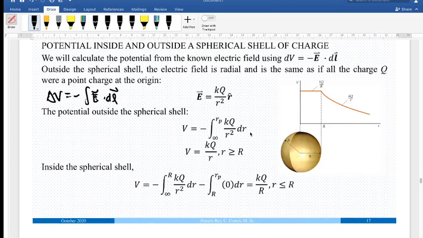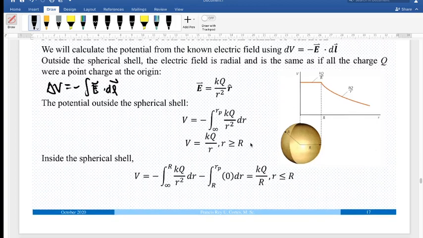Since your charge distribution here is localized, your reference point can be used as this one. Meaning at infinity, your potential is equal to 0.